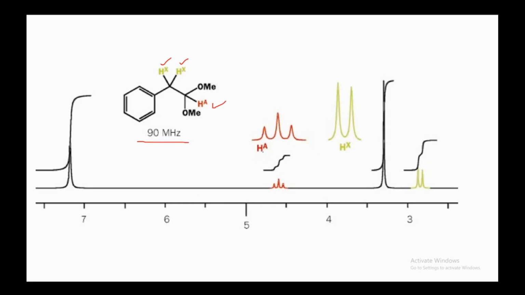So we have this HA, it's a triplet, and this is the HX, it's a doublet because these are the two lines, that's why we call it a doublet.